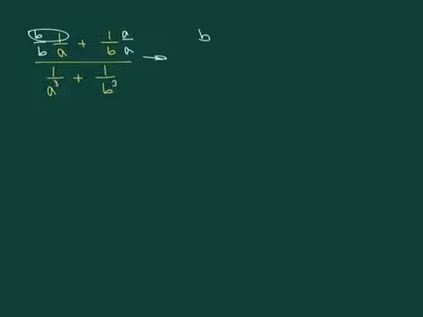I have B over AB plus A over AB, which leaves me with that. And actually, if I want to put it over a common denominator, I can just write it this way. Okay? A plus B all over AB. All right, so that's my numerator simplified.